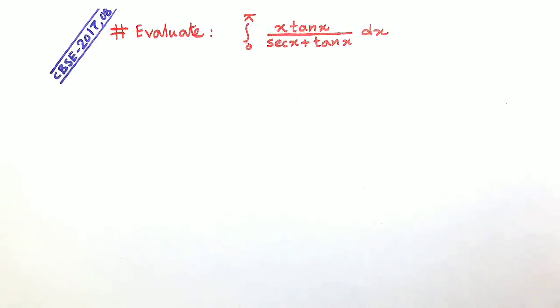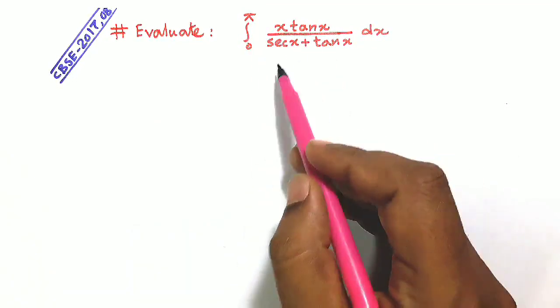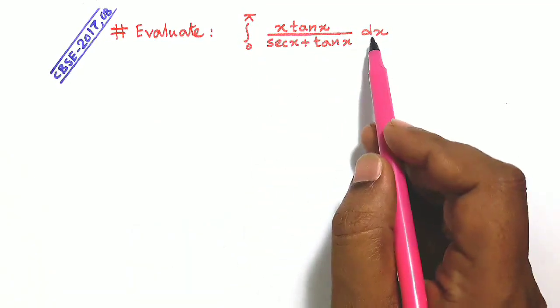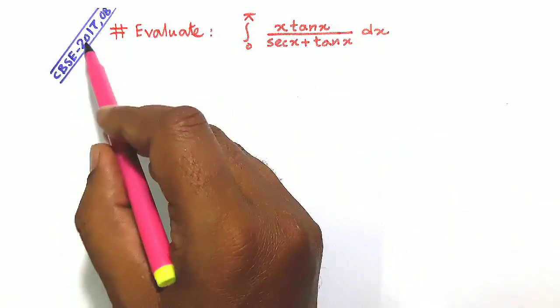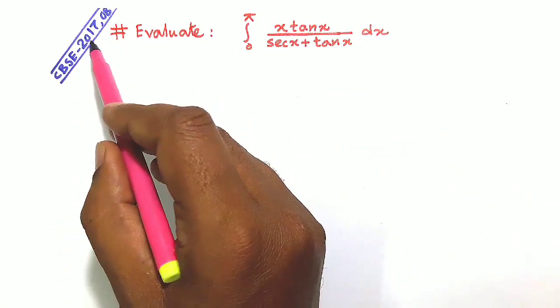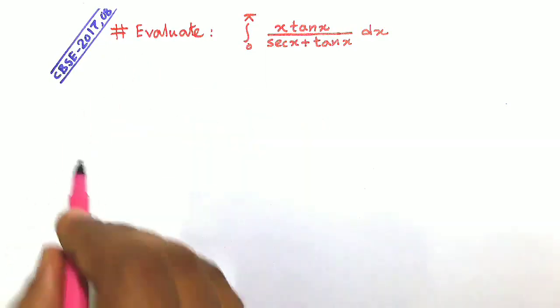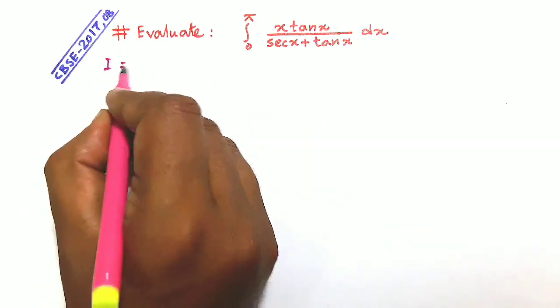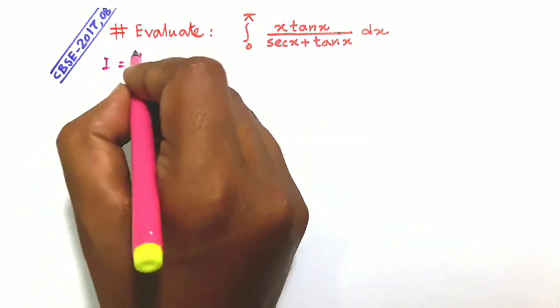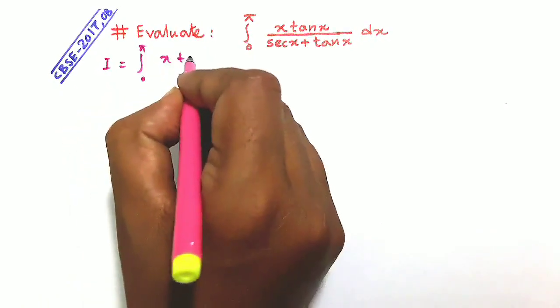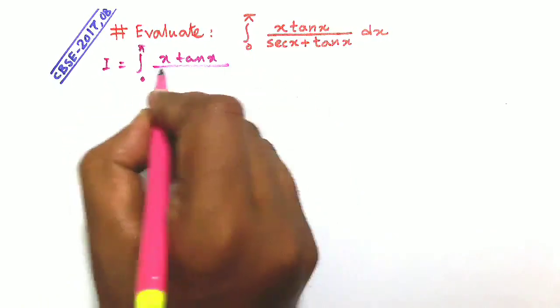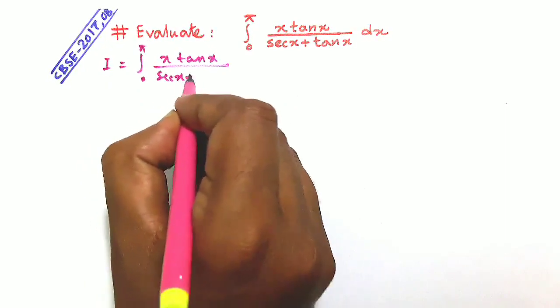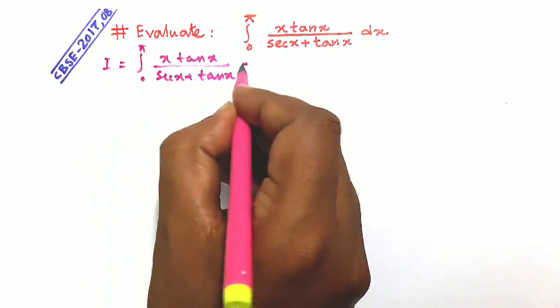Our next question is integration 0 to pi x tan x upon sec x plus tan x dx. It is repeated twice, in 2008 and 2017. Friends, I is equal to integration 0 to pi x tan x upon sec x plus tan x dx.